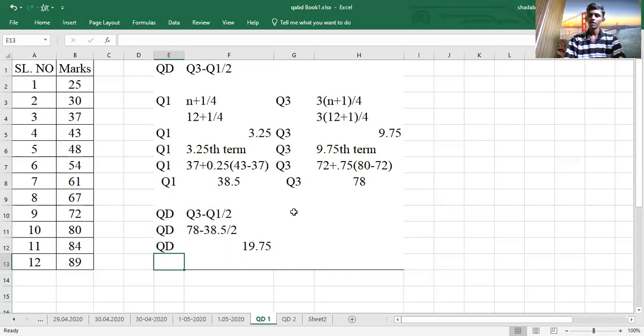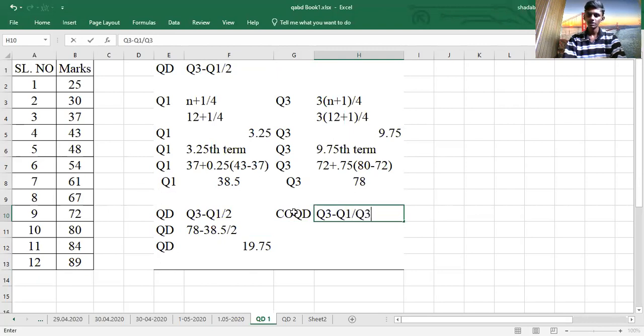Moving forward, we also have to find the coefficient of quartile deviation. The formula is (Q3 minus Q1) divided by (Q3 plus Q1). So the coefficient equals (78 minus 38.5) divided by (78 plus 38.5).